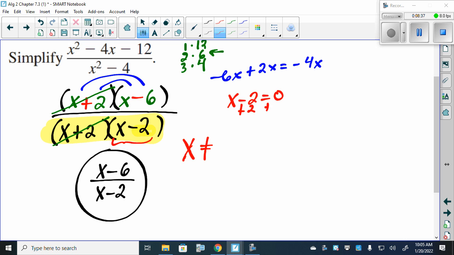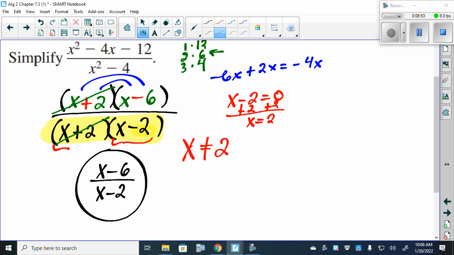We would add 2 to both sides and that tells us that x, so if x is 2, it would make that part of the denominator 0. And since we're multiplying them together, the whole thing would become 0, so x cannot be 2.